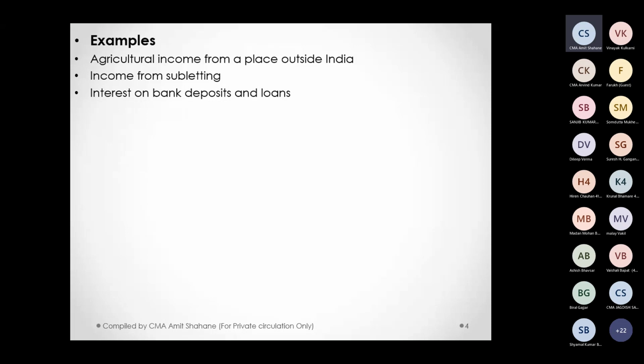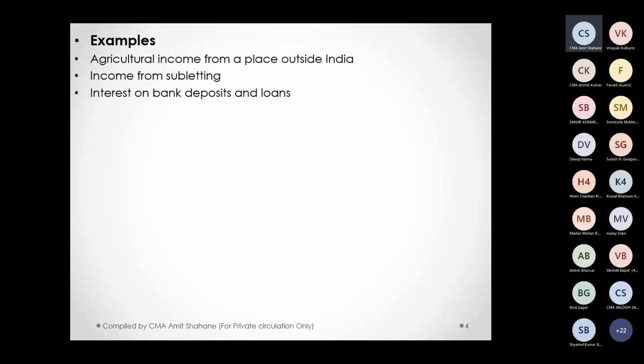Now, if it is your interest income from any bank deposit, then it will be chargeable under the head income from other sources. Now, in some cases, what the businessman does is he invests his business accruals in, say, a bank, and whatever income that he receives, he reports as business income, because these accruals are from business only, right?